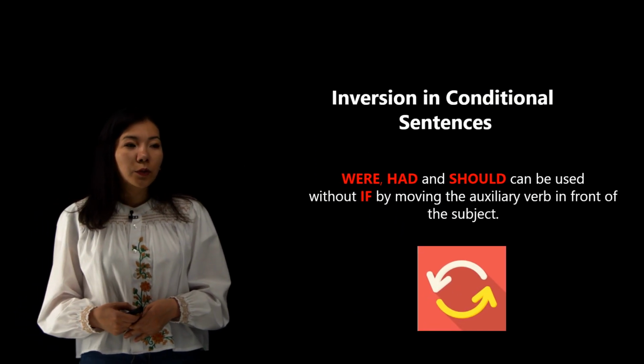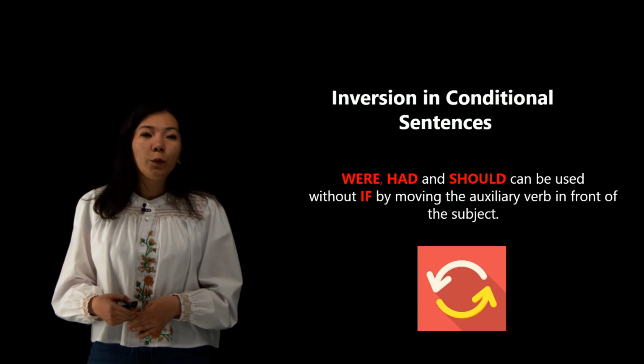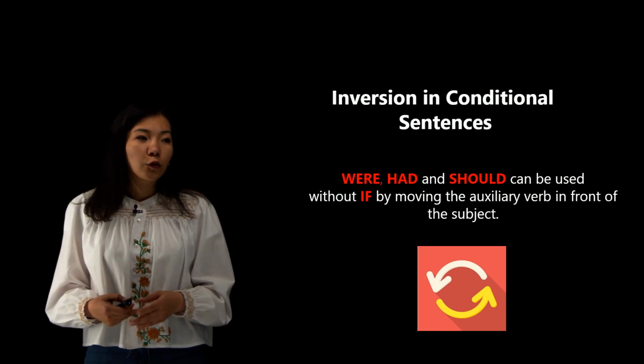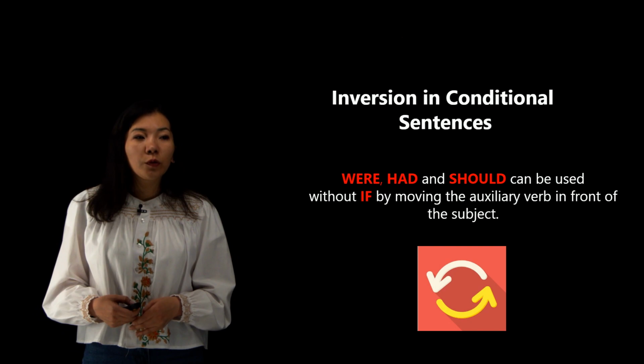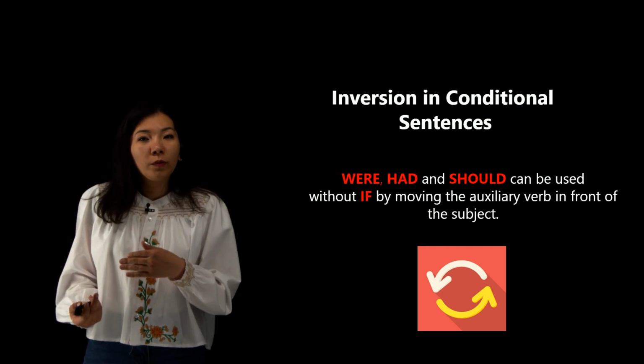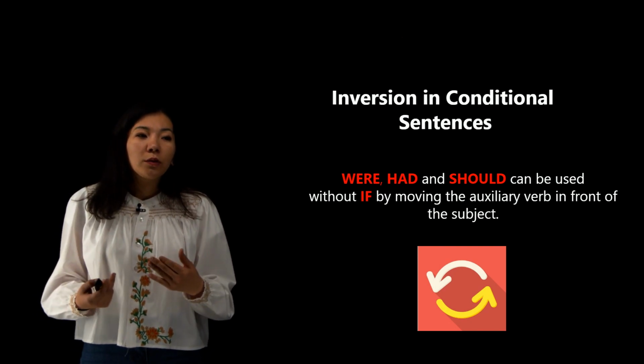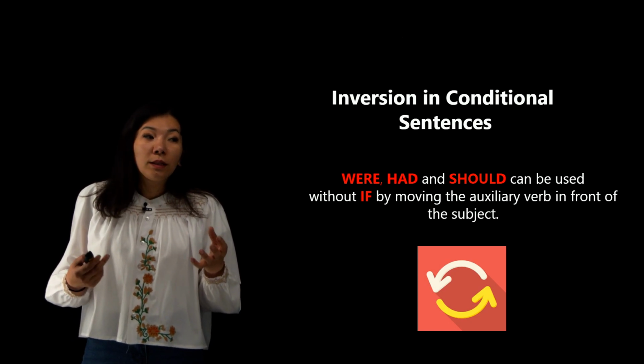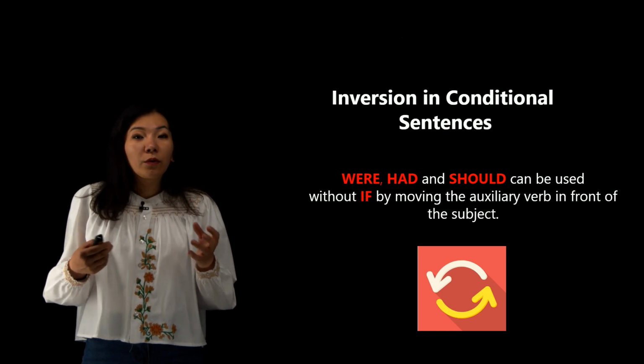So here you see that were, had, and should can be used without if, by moving the auxiliary verb in front of the subject.